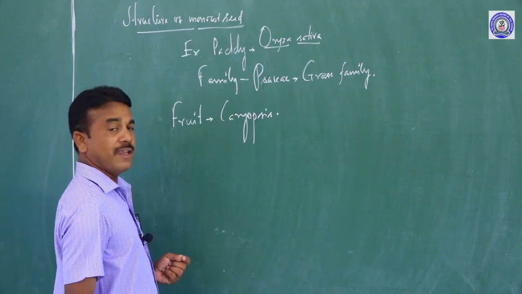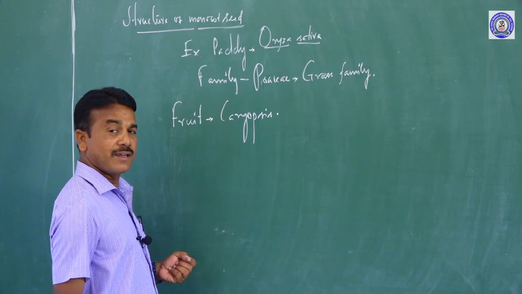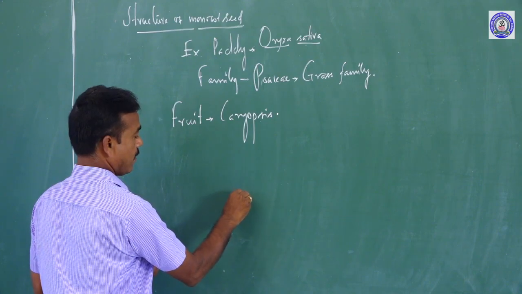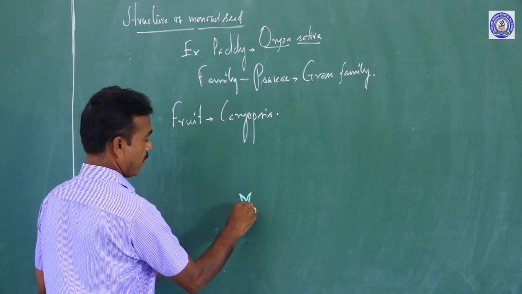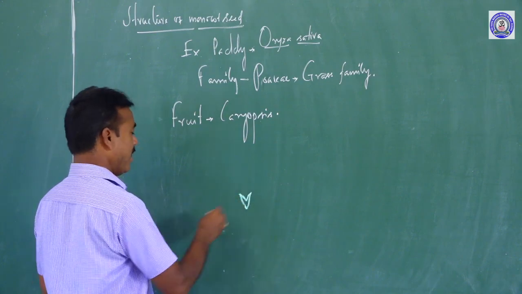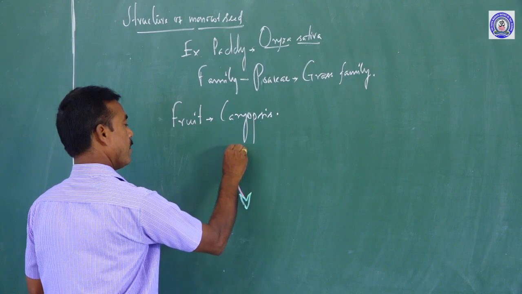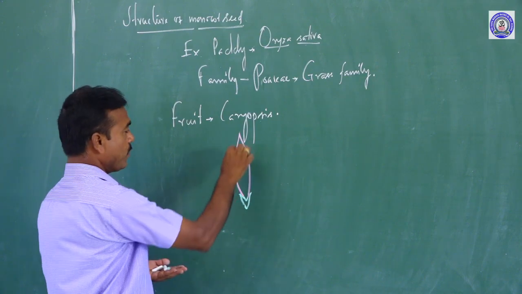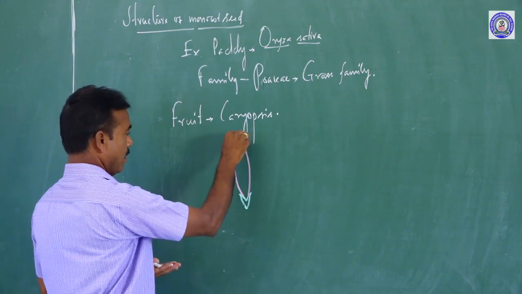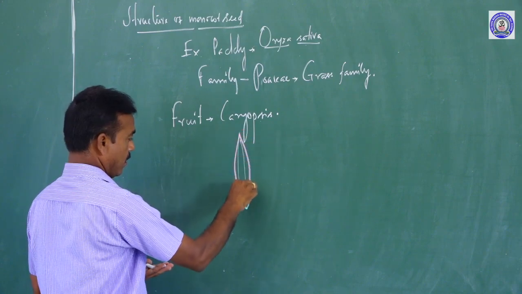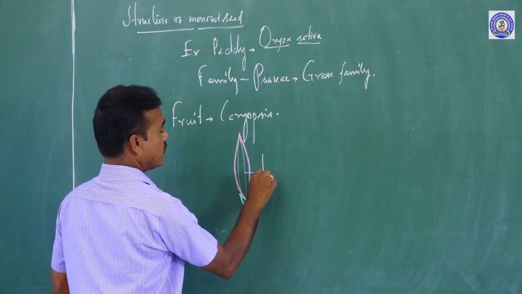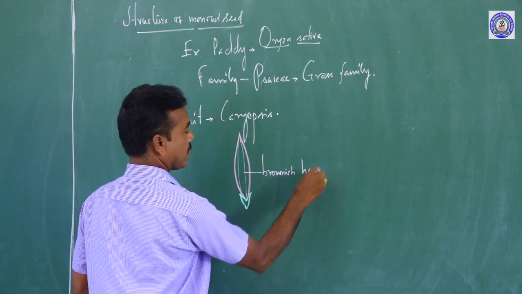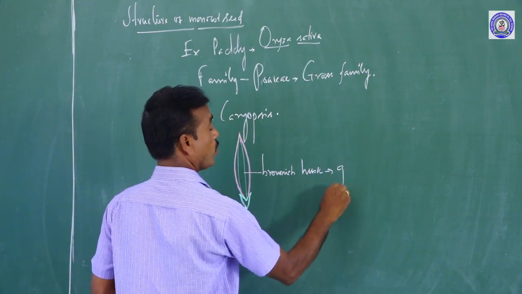In the monocot seed paddy, it is a small grain, and the whole grain is covered by a brownish husk, which is commonly called glumes.